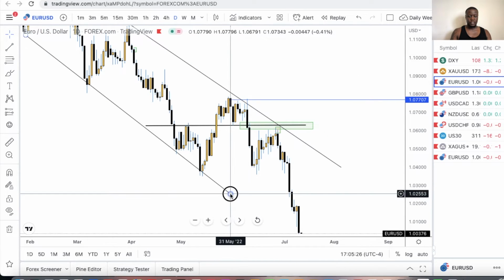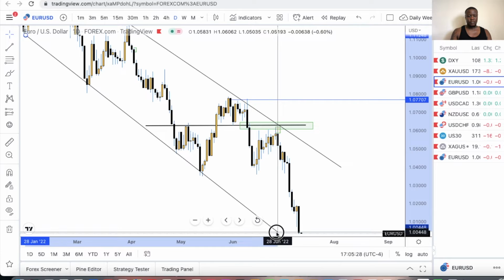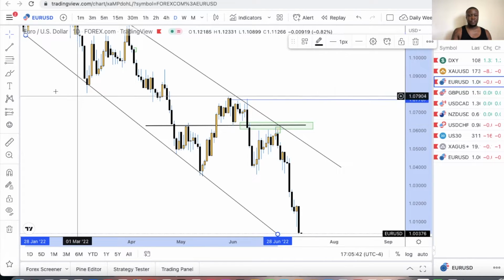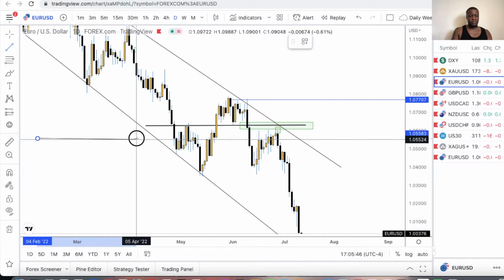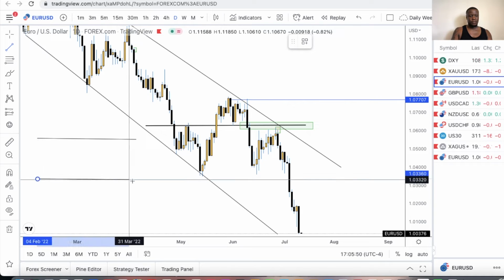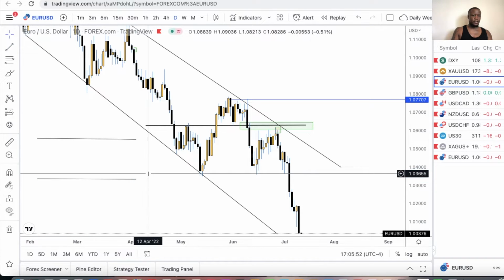So pretty much it looks like a declining consolidation in some sort of way. It's going downwards though instead of sideways. So with consolidation, pretty much like this, where price is doing something like this.